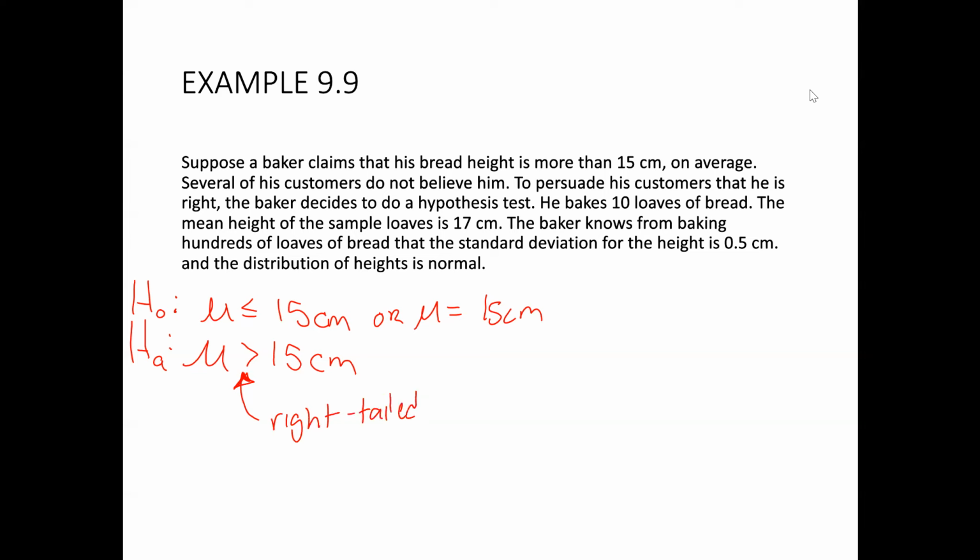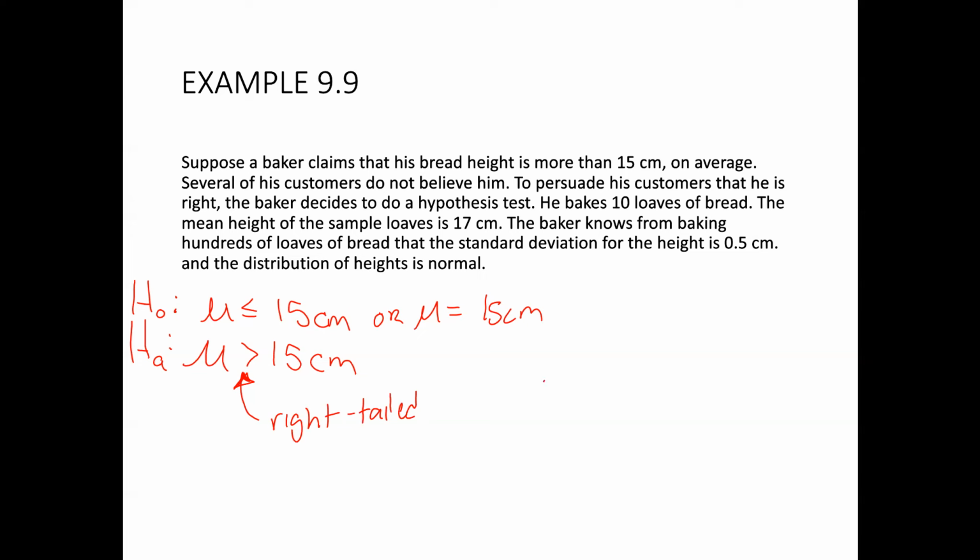If it's less than, it's left-tailed. If it's not equal to, it's two-tailed. So looking at the alternative hypothesis, if it's greater than, that's a right-tailed test by definition. If it's less than, it's left-tailed. If it's not equal to, it's two-tailed.